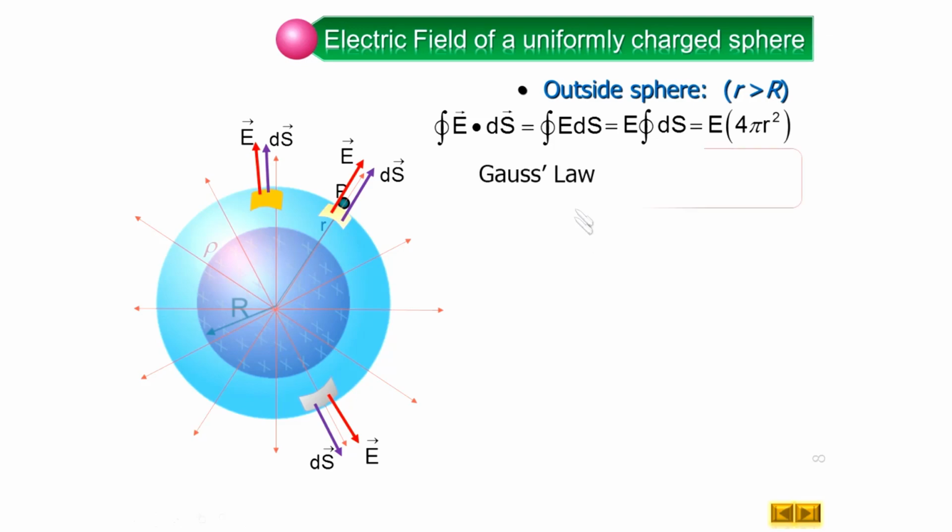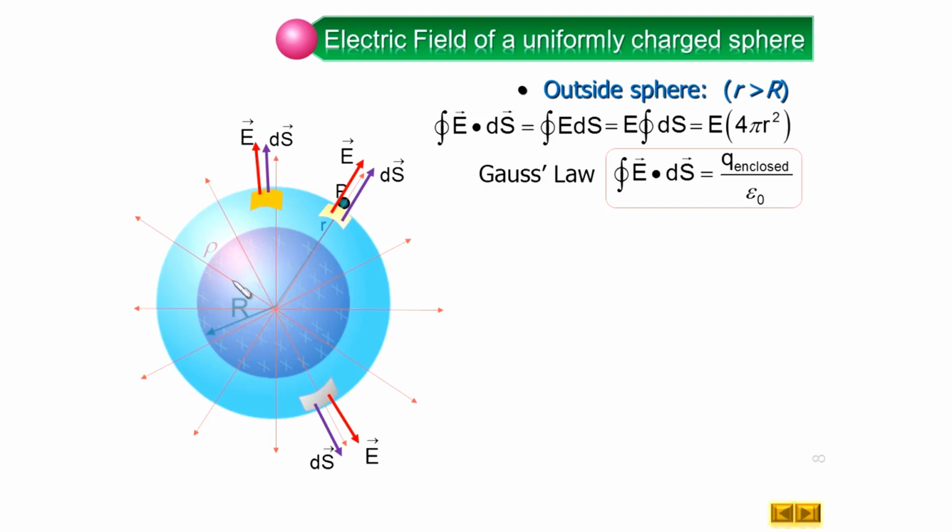Again write the Gauss law, that is closed surface integral E dot ds equal to Q enclosed divided by epsilon naught. We have calculated the left hand side term. Now come to the right hand side term, that is Q enclosed. Q enclosed will be nothing but the total charge of the sphere.